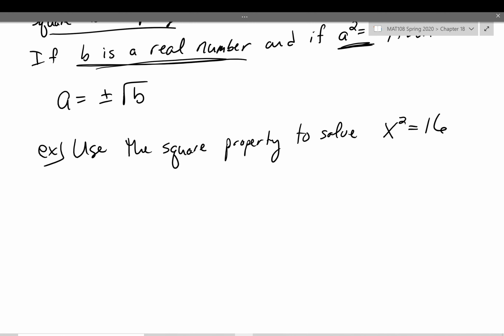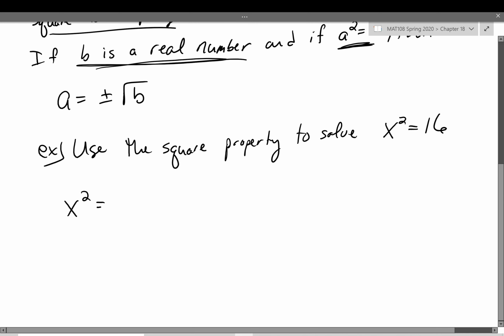Now, I know a lot of us out there in YouTube land and in my lecture, please watch, a lot of us would say, well, Mr. Float, x squared equals 16, I could take the square root of both sides, and that's going to give me x equals 4. And that is incorrect. This is wrong. It's wrong. Here's why.